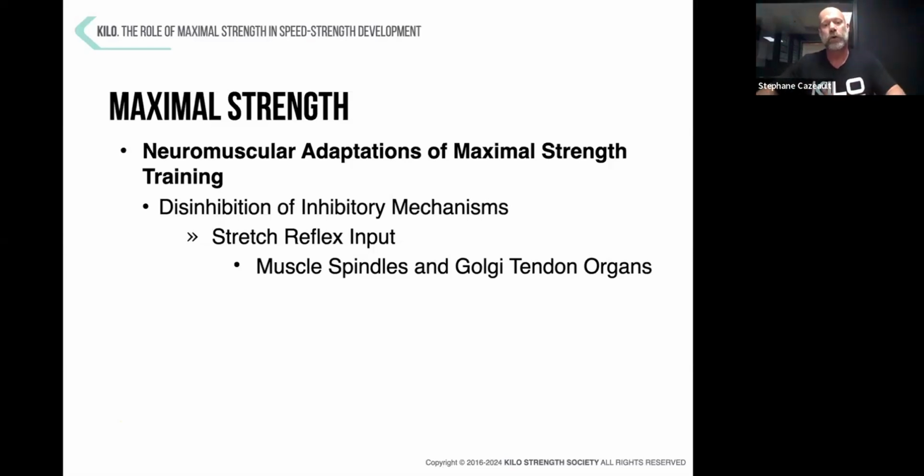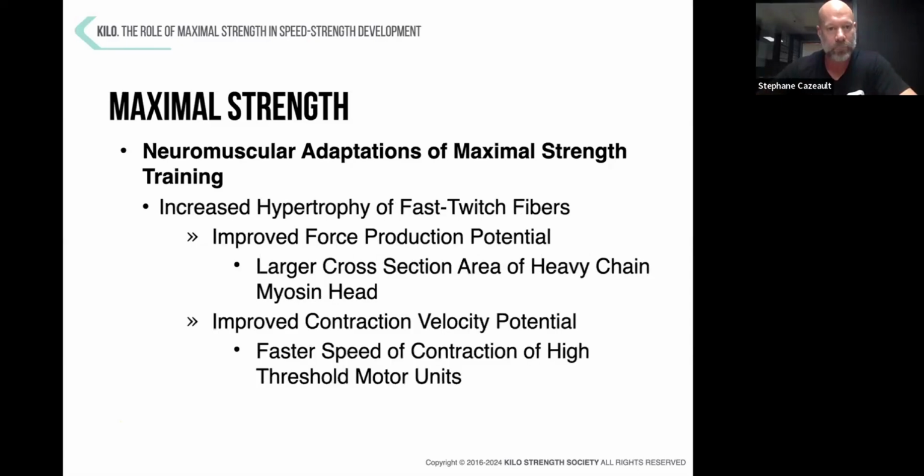Okay, so the more you train it, the more you're inhibiting this mechanism so that the Golgi tendon organs won't kick in as early. So it's going to allow you by default to be using higher levels of weight.